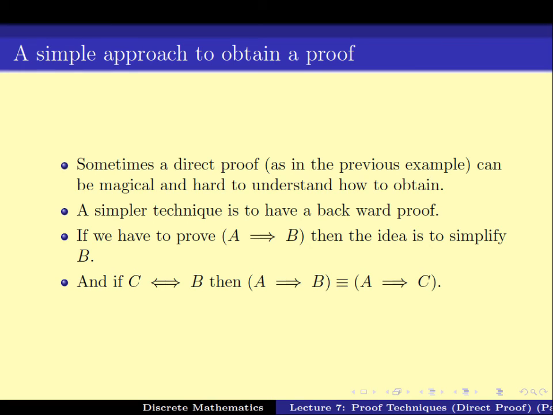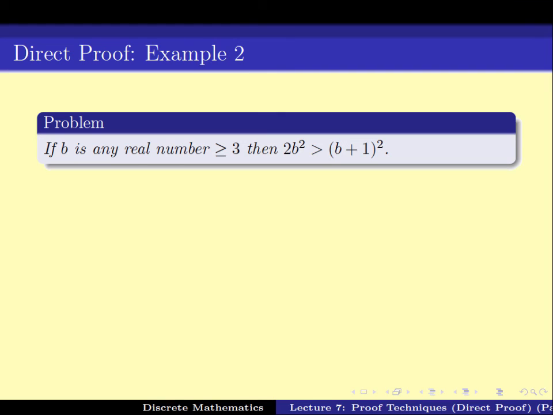So let's look at this problem again. How do we apply this backward proof technique? So here, if b is any real number greater than or equal to 3, then 2b square is strictly greater than b plus 1 whole square.